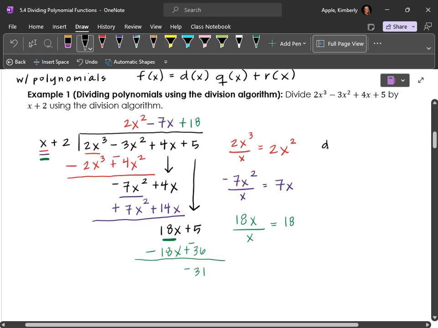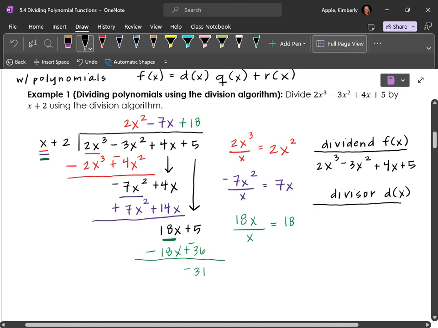So we have the dividend. Remember, that's f of x. And I'm just going to make sure we understand what each of these pieces are. So that's this. See if you can find that in our original problem. Then we have the divisor, which is d of x. And that's going to be x plus 2.